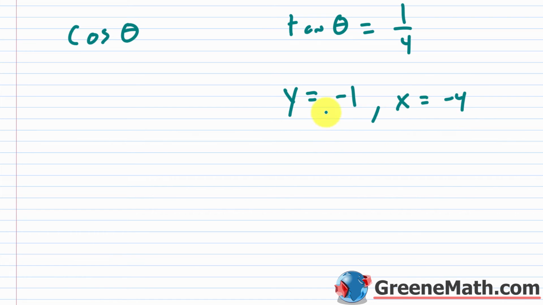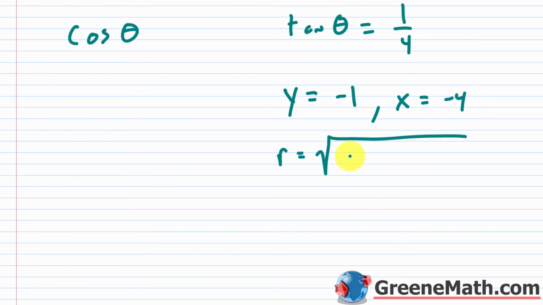And again, when we think about this, theta is in quadrant 3. So I know my cosine value is going to be negative. Now, thinking about this, we have the tangent of theta given to us as 1/4. Remember, this is y over x, but I'm in quadrant 3, so my y values are negative and my x values are negative. So you can do this and find your r as the square root of x squared plus y squared.